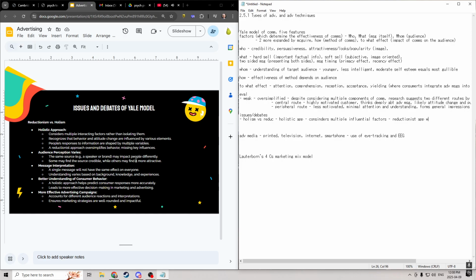Reductionist approach would oversimplify, even though we just said that they already oversimplified it. So basically, it's just a bunch of bullshit.